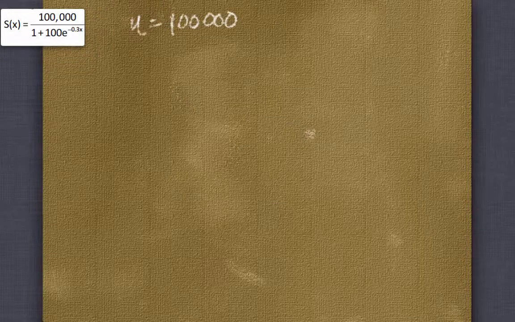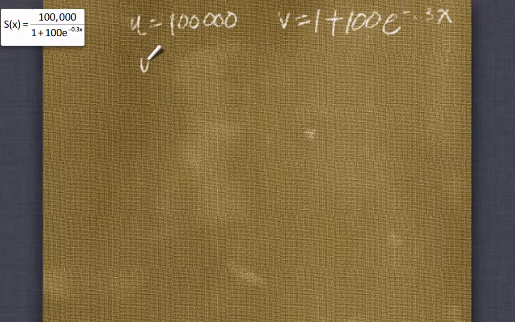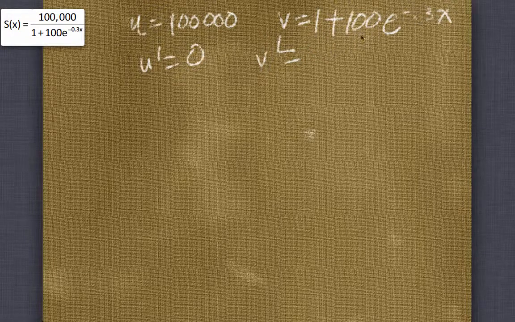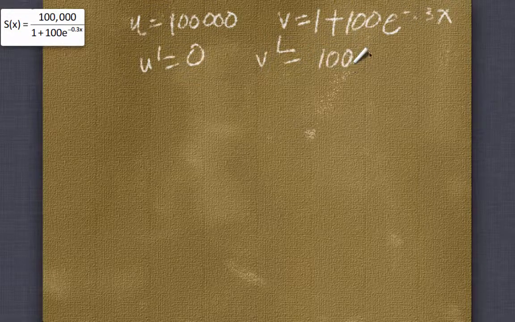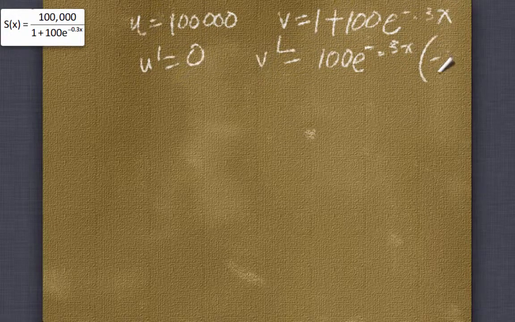So if you treat it like a quotient, u prime is 0, v prime is, write down what you see, and then we need the derivative of that value.